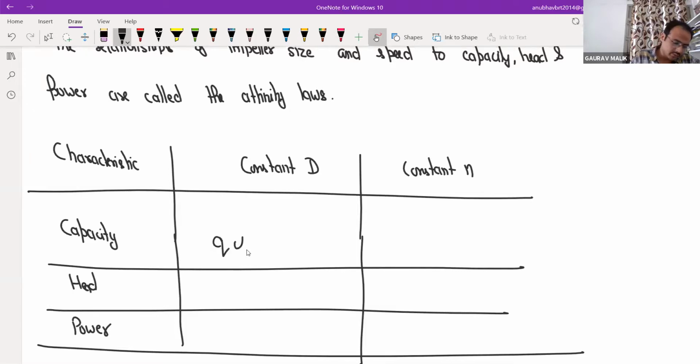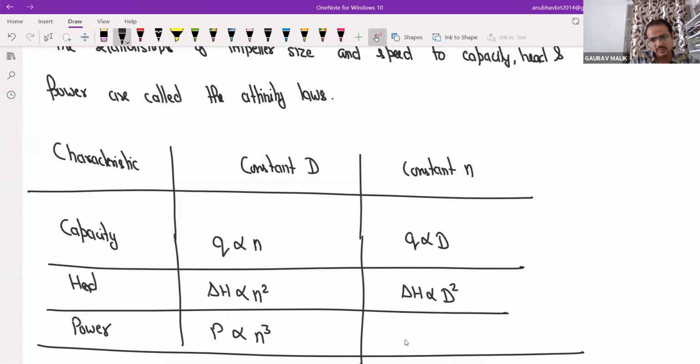Q is directly proportional to N. Delta H is directly proportional to N square. And P is directly proportional to N cube. Q is directly proportional to D. Delta H is directly proportional to D square. And P is directly proportional to D cube.